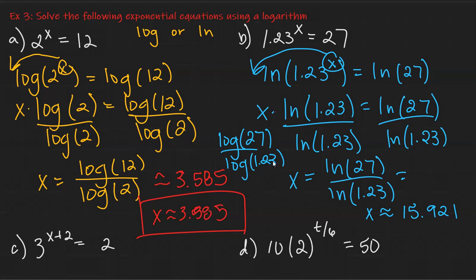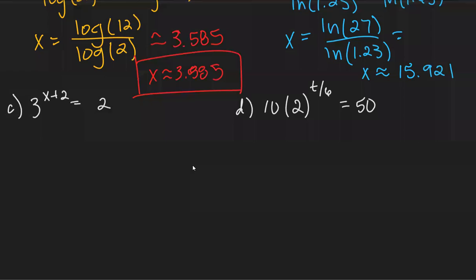You should get the exact same answer, 15.921. Okay, they're the same. It has to do with the property of logs and their ratios. We're not going to get too much into that, but because of the structure of the logarithm, you're always going to get the same thing when you do that. So when you do this process, you can either use a log base 10 or a natural log, whatever floats your boat.